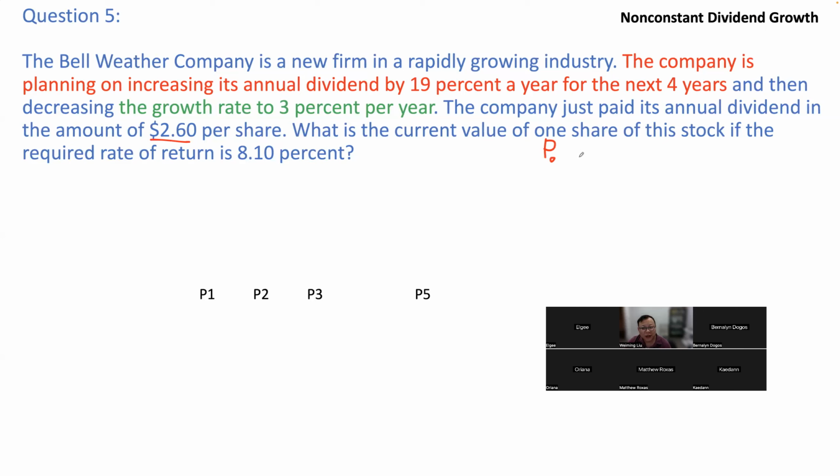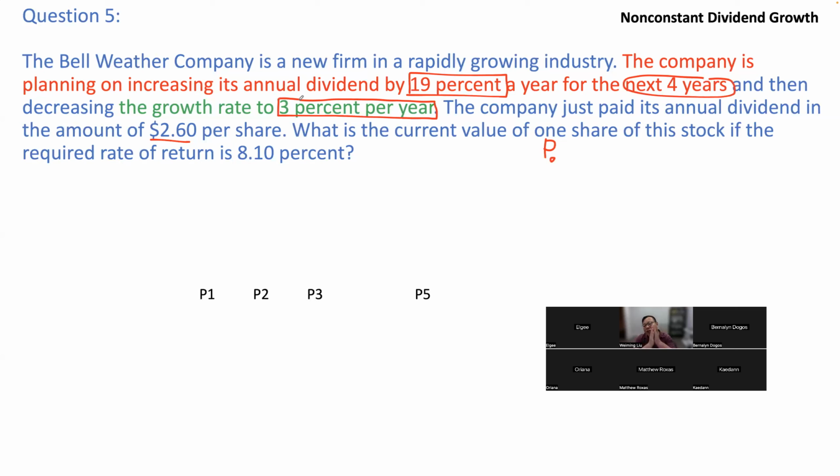So, this one is interesting because the growth rate is not constant, right? The growth rate for the first 4 years is 19%, okay? But then the growth rate decreases to 3% per year. This model can be realistic.